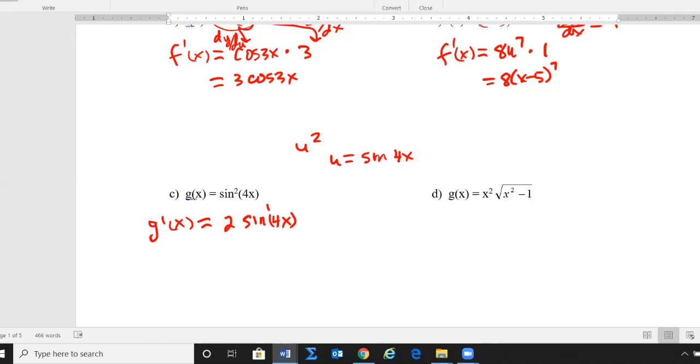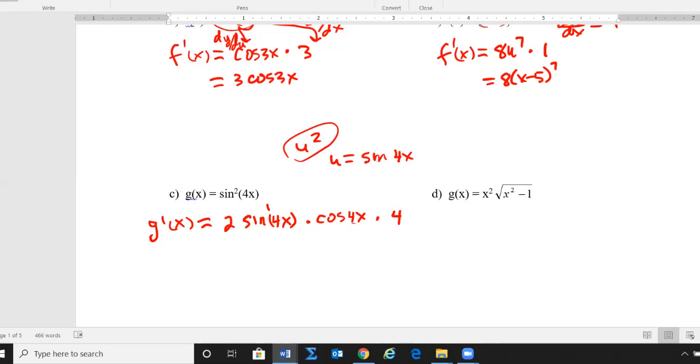Now, since it wasn't just an x, but a sine of 4x, I need to multiply by the derivative of the sine of 4x. Well, that would be a cosine of 4x. But since it's a 4x and not just an x, I need one more derivative of the 4x itself. So that's where 4 comes in. So you have to treat it as a squaring function to begin with.